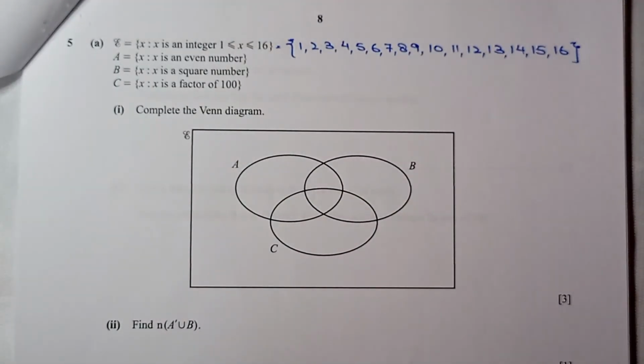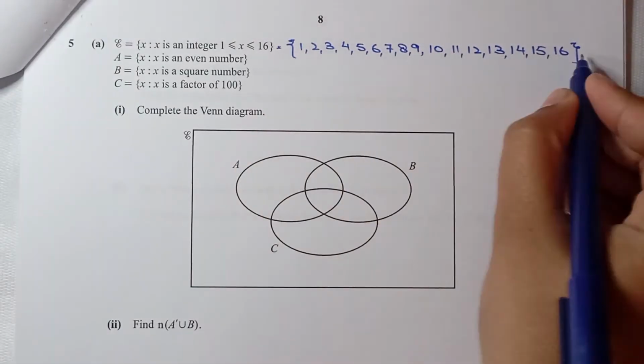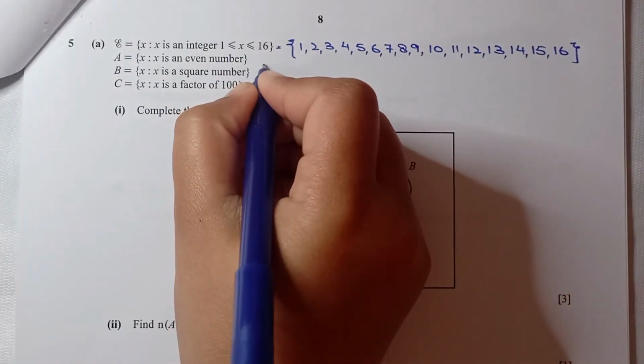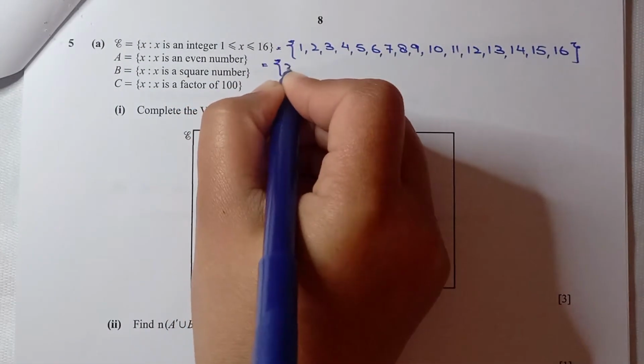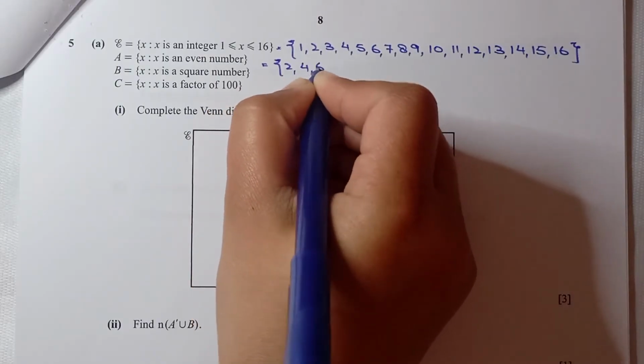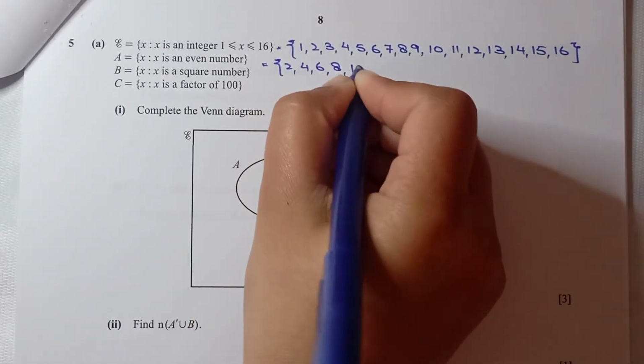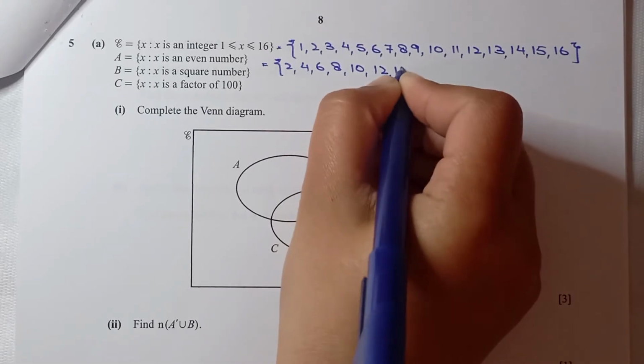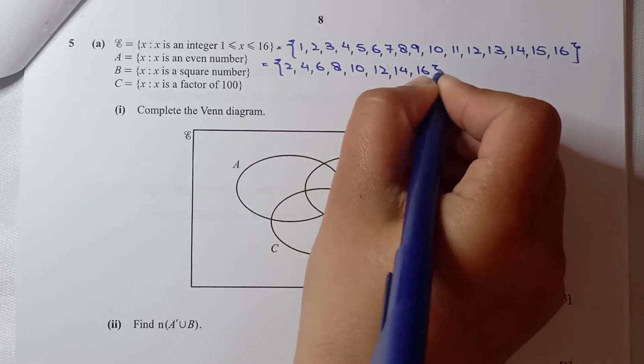And we have a set A, x is an even number. So which numbers are even from 1 to 16? We will get A. Even numbers are 2, 4, 6, 8, 10, 12, 14, and 16.